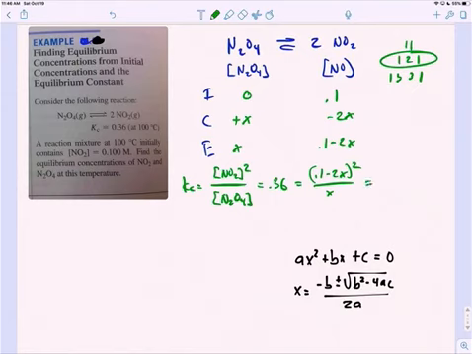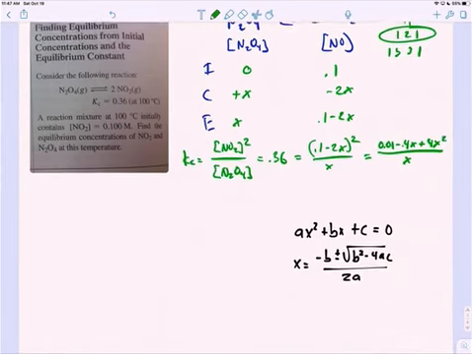So you have 0.1 squared, or 0.01, plus 2 times the product. So it's going to be minus 0.4x, and then plus 4x squared. That's using what you remember back from your algebra days, and then all over x.